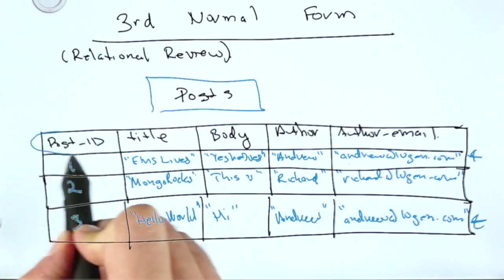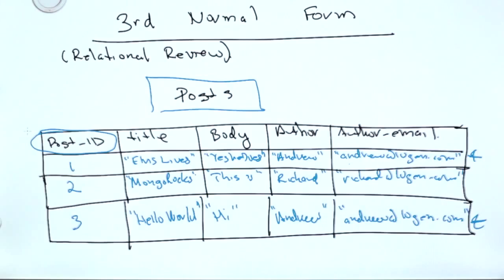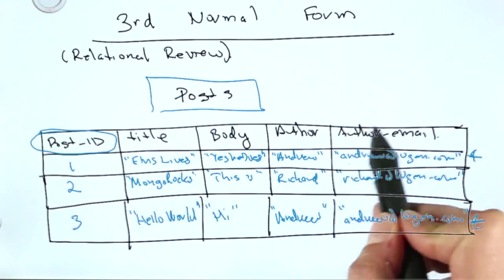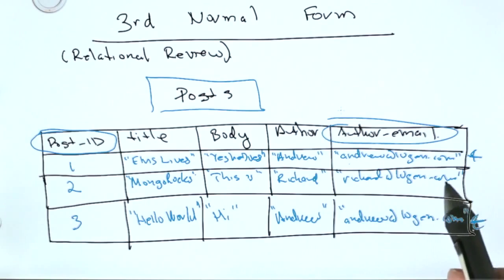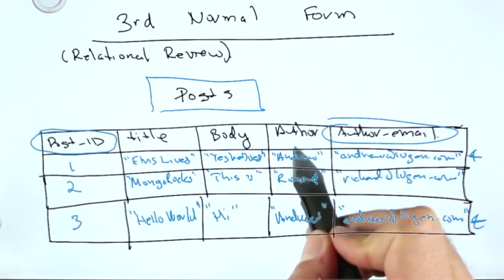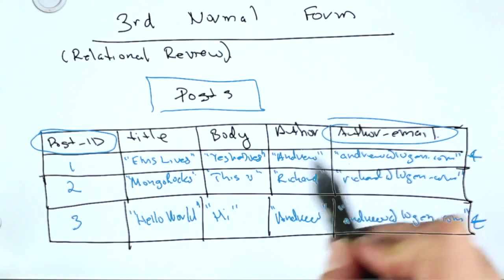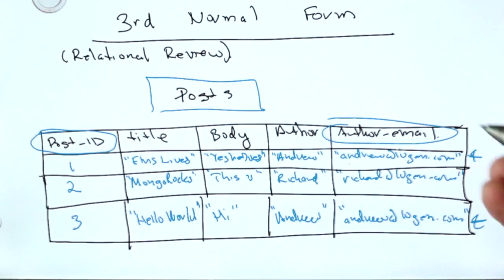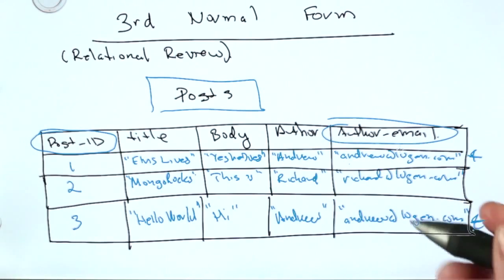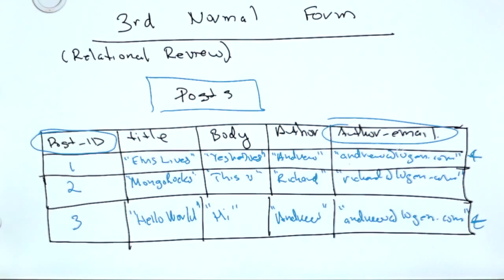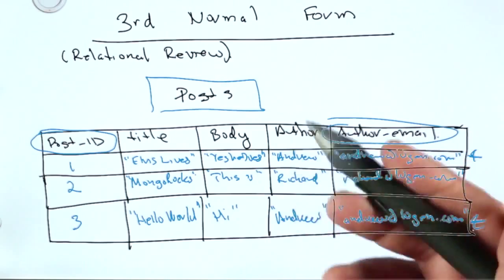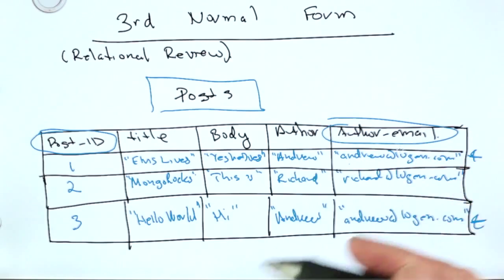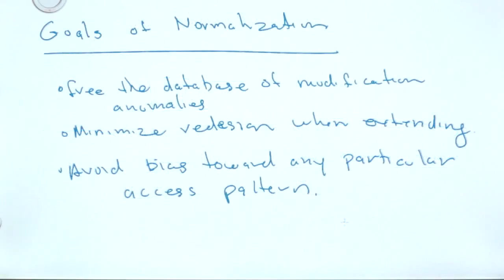This is going to be the primary key for this table, and the non-key attribute author email does not follow that, because it tells something about the author, and so it violates the third normal form. And if you remember from the relational world, having a database table in the third normal form has several good things about it, and I'll show you what they are.